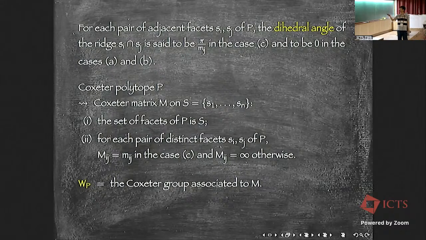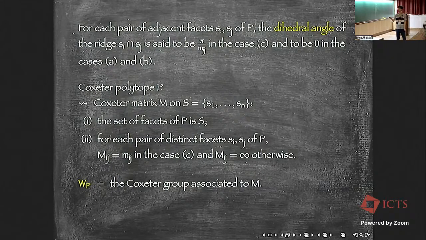S is the set of facets, and the Coxeter matrix Mij is simply this small mij, and otherwise it's infinity. So from a Coxeter polytope, we can create a Coxeter matrix, and from the Coxeter matrix, we can have a Coxeter group.